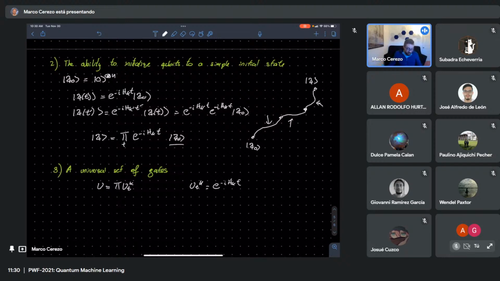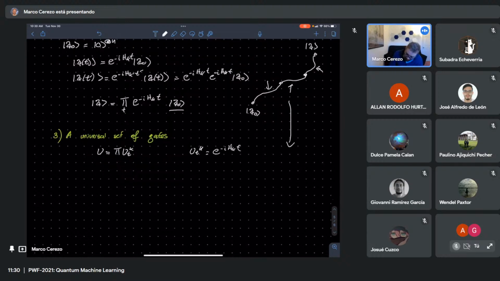So in principle, what we want to get here is some sort of set of gates that will give me the freedom to get any possible evolution, which in turn translates to any possible quantum circuit, right? And just very quickly, let me make the connection between this picture right here and a quantum circuit perspective.